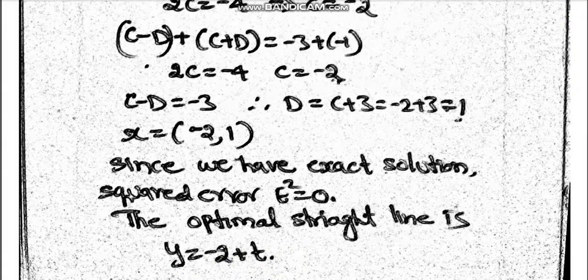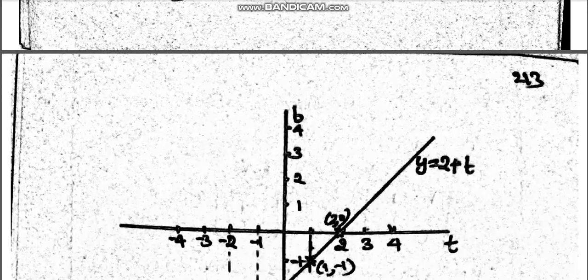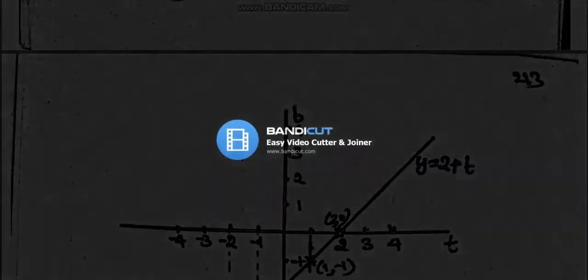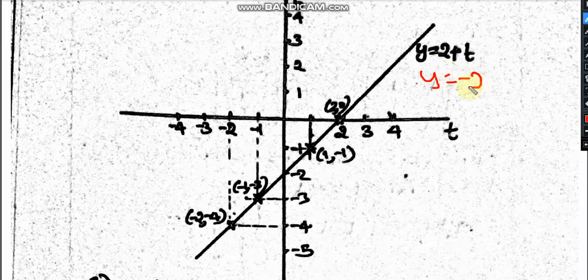The slope is equal to 1, and the intercept is minus 2. So you have the equation y equals minus 2 plus t.